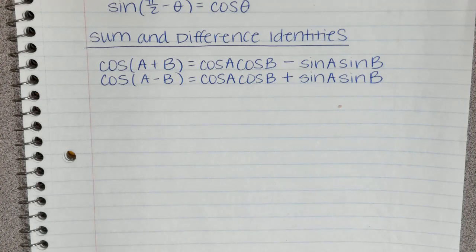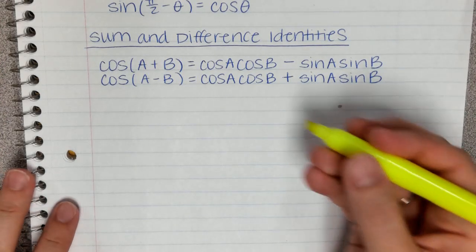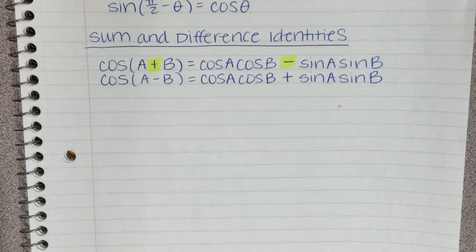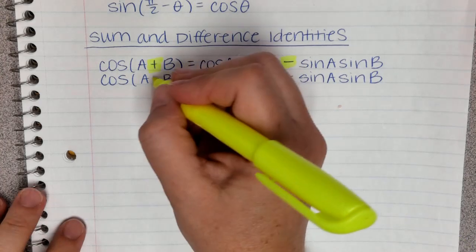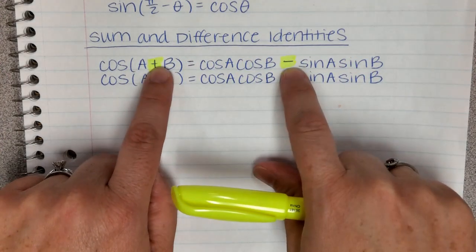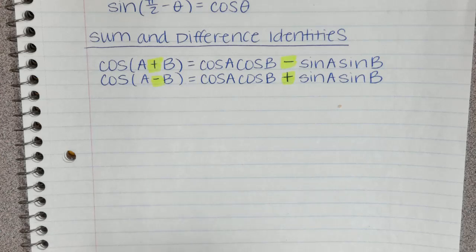What's the only difference that you notice? The sign in the middle changes. How is this sign related to this sign? They're opposite. So for cosine, that plus or that minus is going to change. It's going to switch from plus to minus or minus to plus. So if you have a highlighter, you might want to emphasize that in your notes, okay?